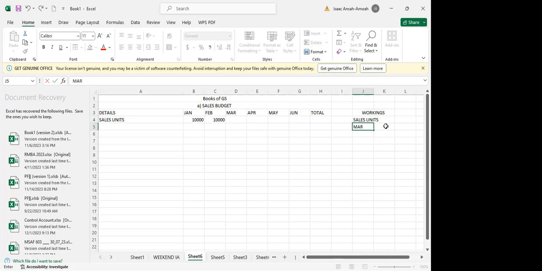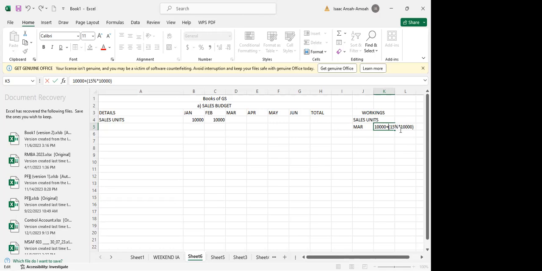March sales unit will be equal to 15% multiplied by February's planned sale, which is 10,000, and then you add it to 10,000, which is February. So 10,000, which is the planned sale of February, you compute 15% of it, and then you add it to that.